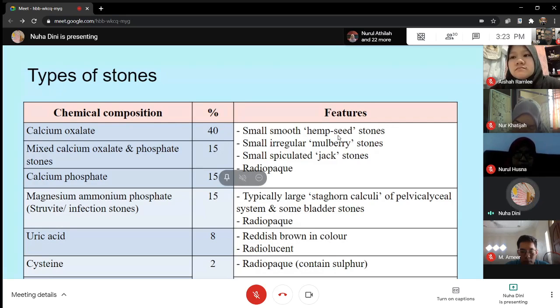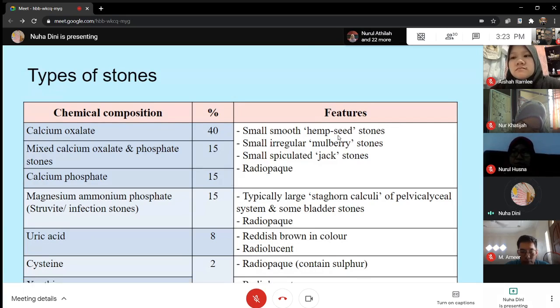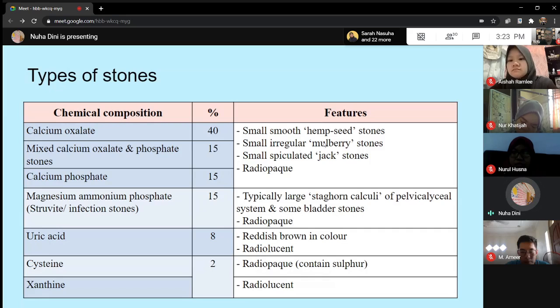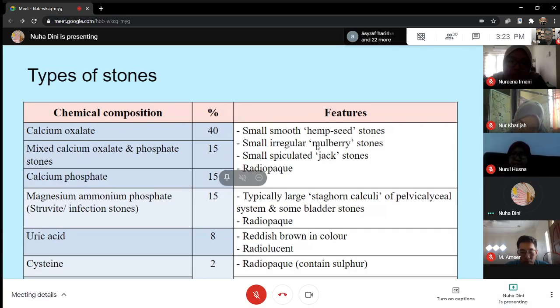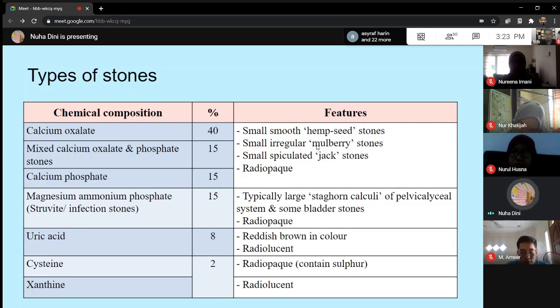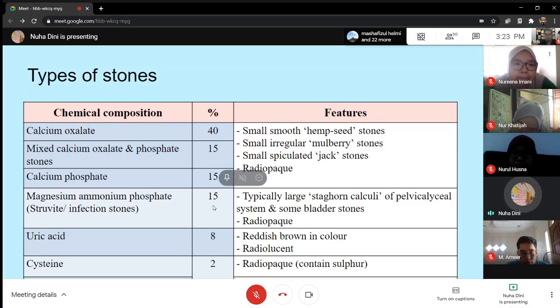We also have uric acid stone, constituting 8% of all stones. It is reddish brown in color and radiolucent. Cystine and xanthine stones are rare because they occur mainly in rare inherited disorders. Cystine stone is radiopaque due to the presence of sulfur, while xanthine stone is radiolucent.